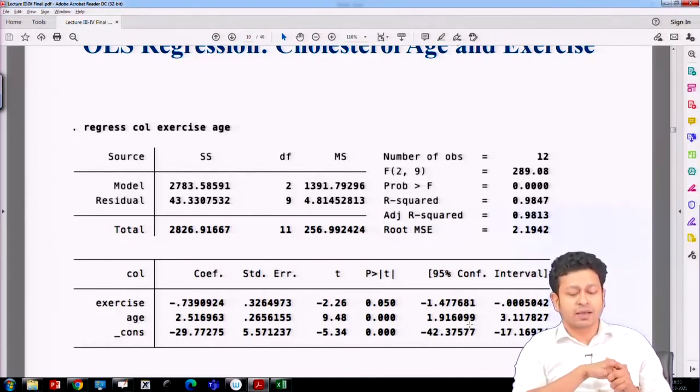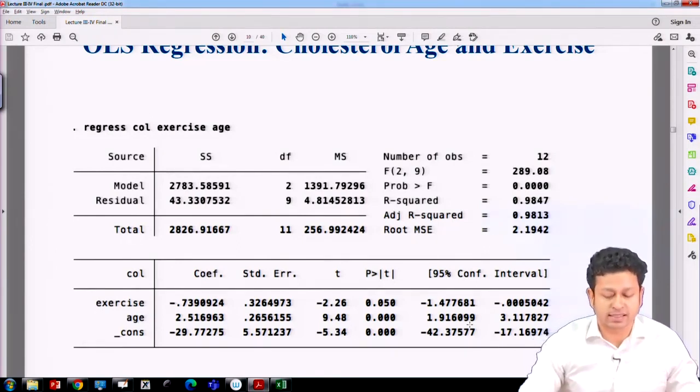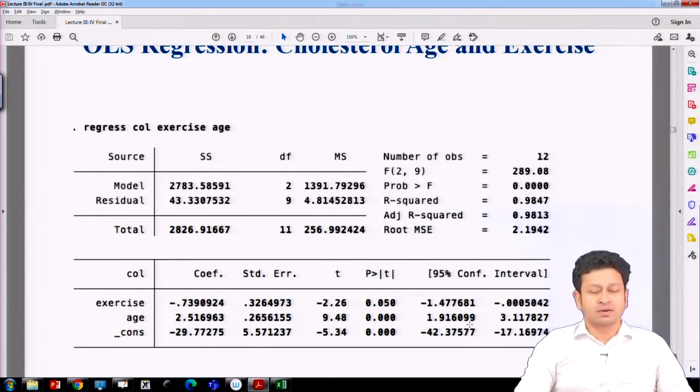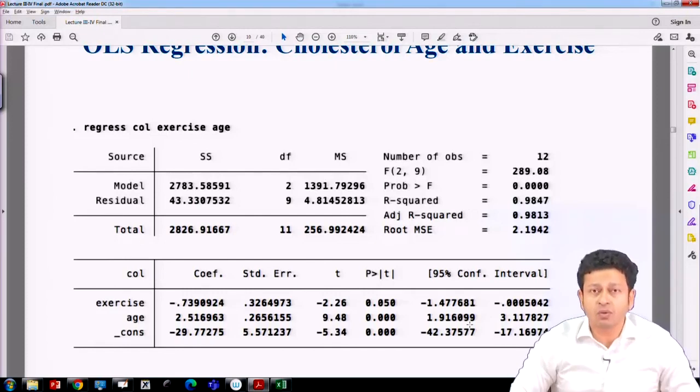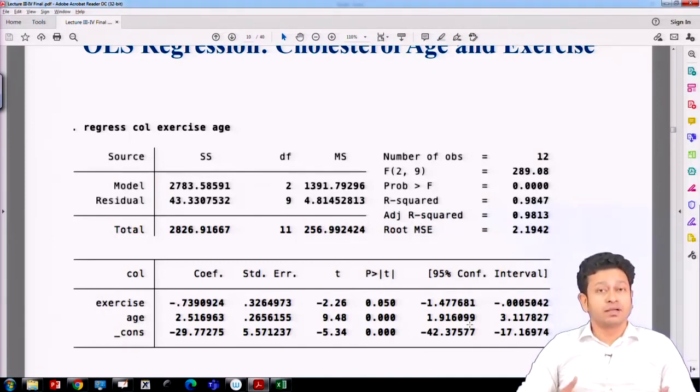One more thing I would ask you is why do we use a t statistic and not a z statistic? If you recall, we started this lecture with the point that population parameters are not known, so you have to estimate your population parameter from the sample observations.